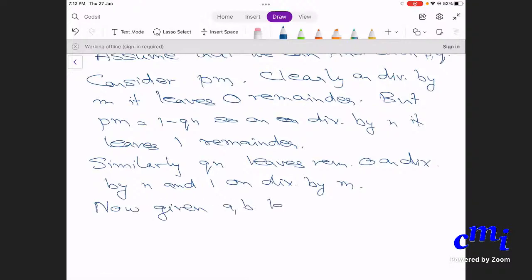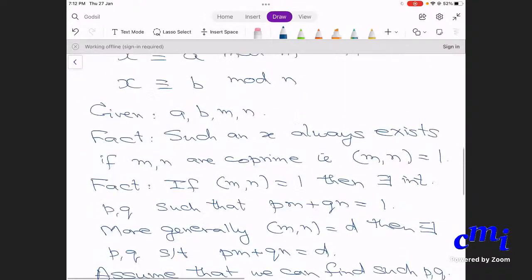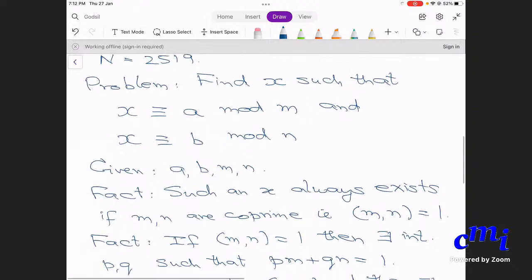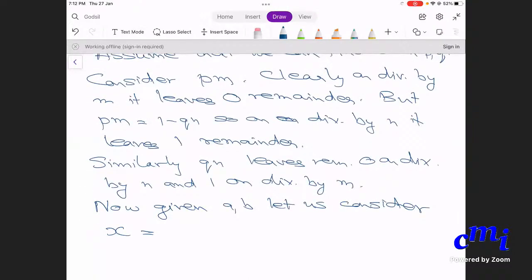So now, given a and b, let us consider x. What do we want x to satisfy? It must leave remainder a on division by m and b on division by n. So let's consider a linear combination of pm and qn: a times one of them plus b times the other.